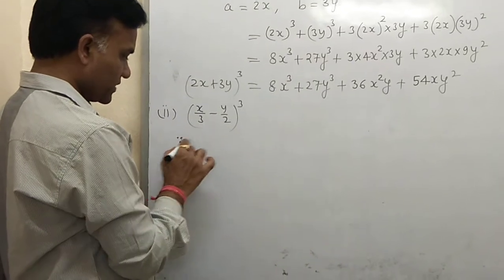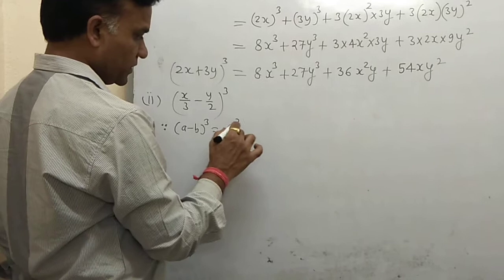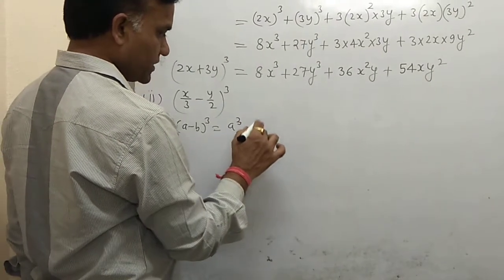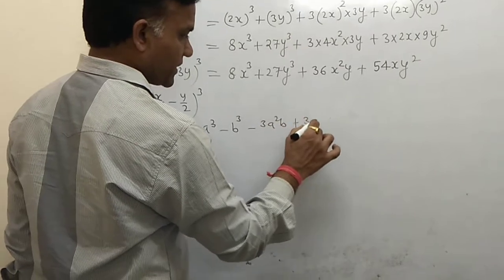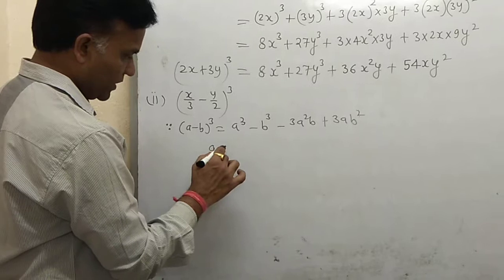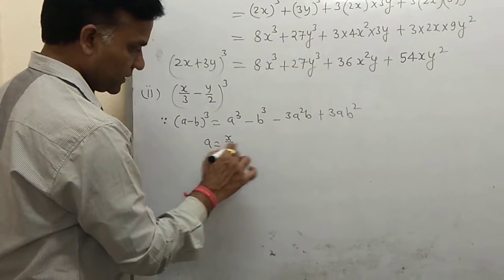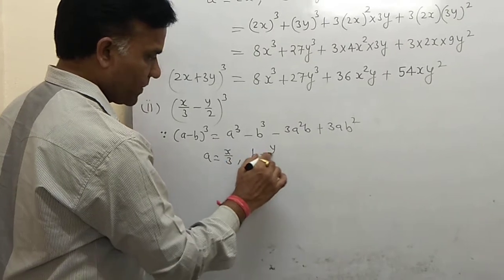So first you write down the identity, which in the negative form is a³ − b³ − 3a²b + 3ab². First you write down the value of a, that is x/3. The value of b is y/2.